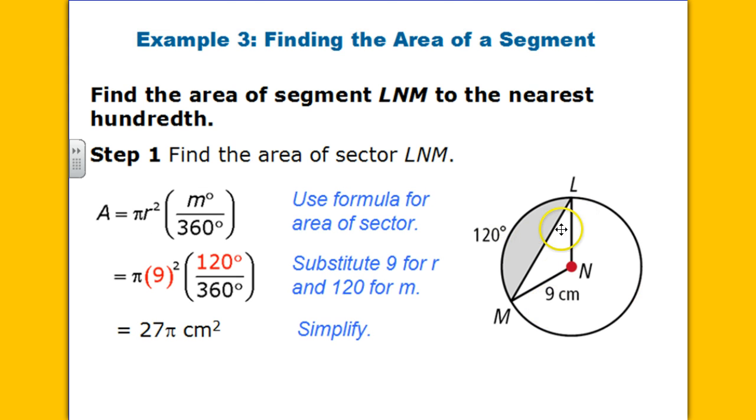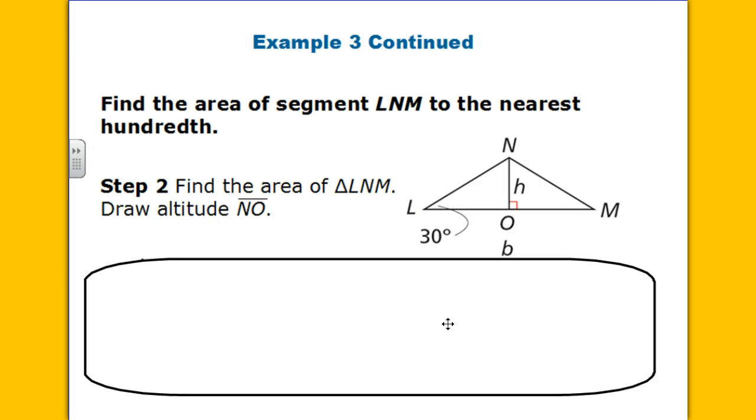Okay, now we need to find this triangle, don't we? And what do we know about this triangle? Well, what type of triangle is it? Yes, it is an isosceles. We have a 9 centimeter radius for each leg, right? And then we have this long side opposite. So how will we find the area of the triangle LNM?